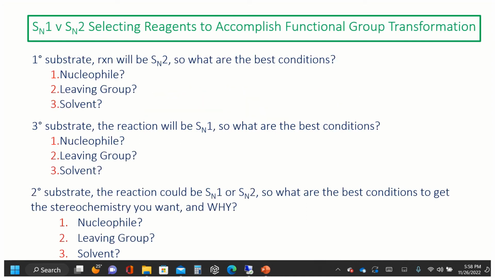So let's review the nature of the alkyl halide. We know that with the primary alkyl, it is great for SN2 reactions. So we need a good nucleophile, a good leaving group, and a polar aprotic solvent.